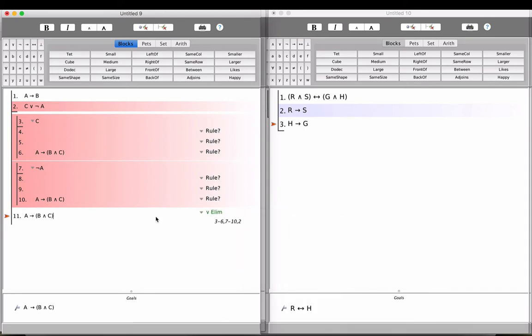Now you can probably imagine that things are going to be a little bit more complicated here, because you still have to create your conditional in each case, right?